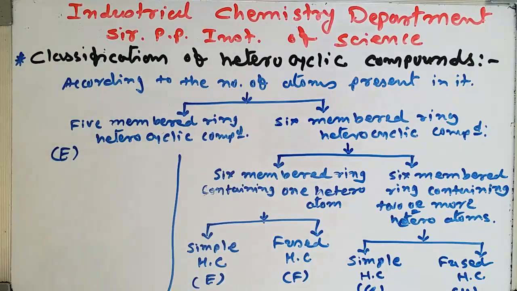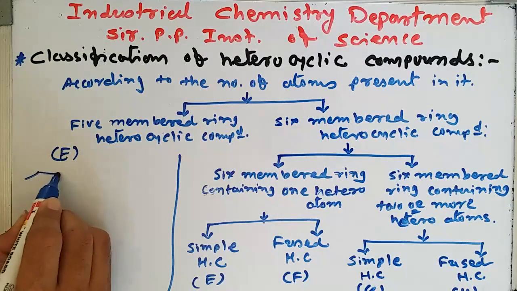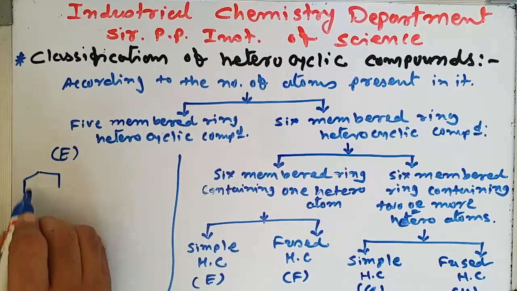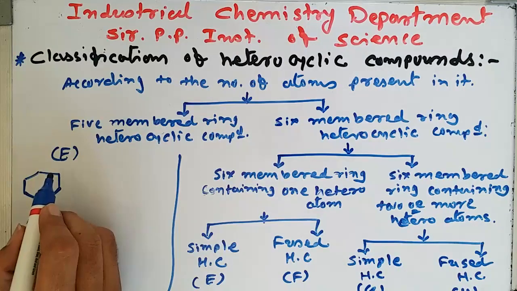First of all, we see a simple six-member ring containing one heteroatom. So we have this six-member ring, and the one heteroatom is oxygen.